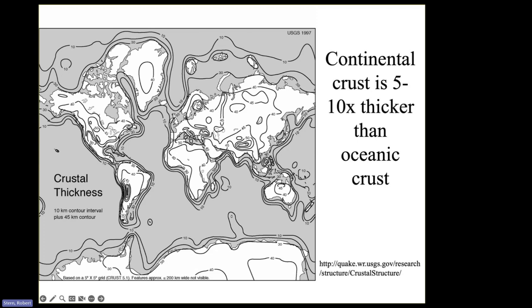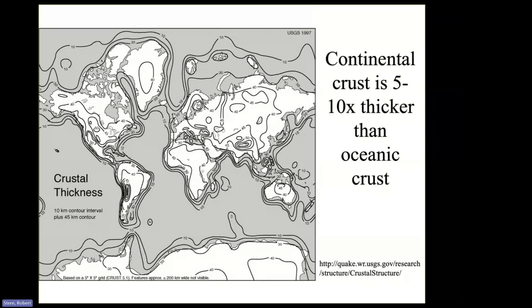But by and large, the interesting variations in crustal thickness are all in the continents. We're going to talk a lot about this one. This is the Himalayas, where the thickest crust on the planet is found. And this one is in the central Andes, the second thickest. And I think there's a midterm question along those lines.